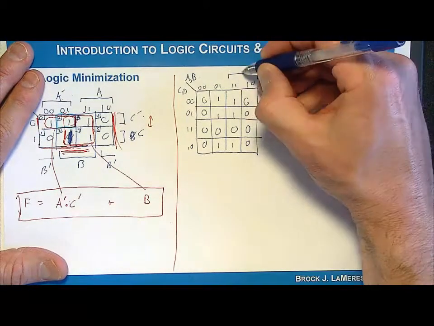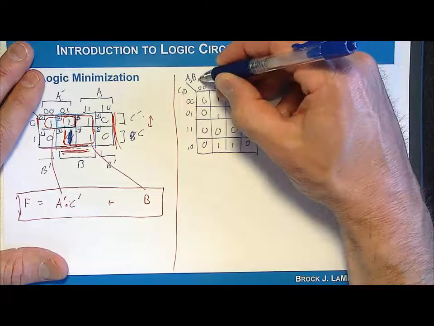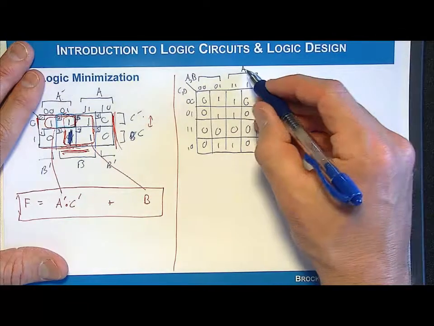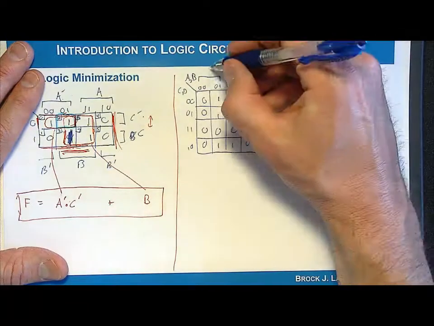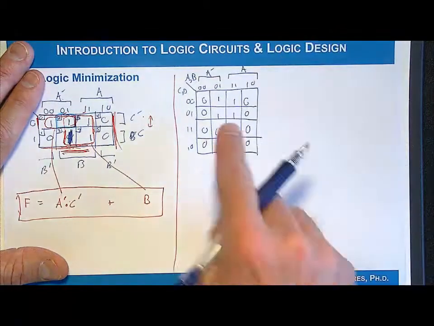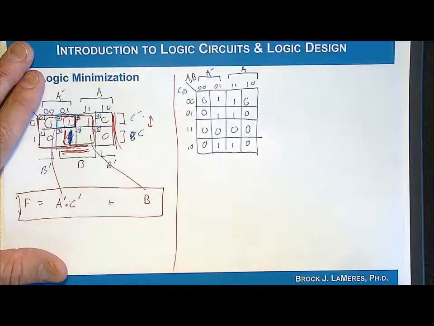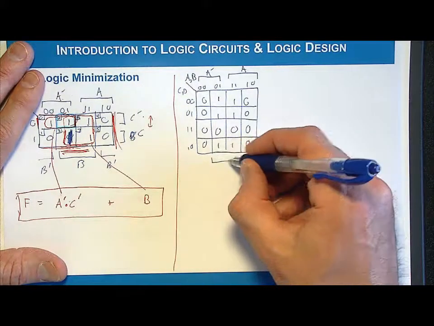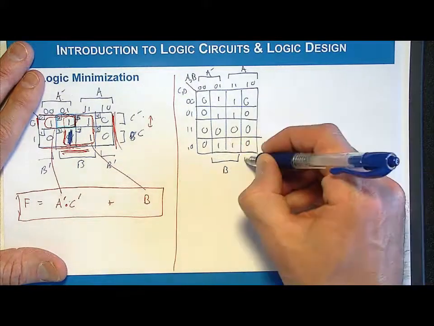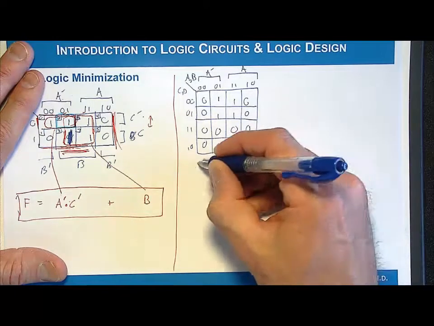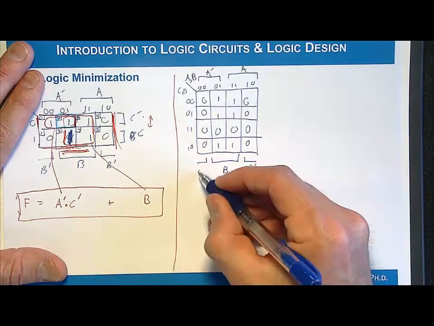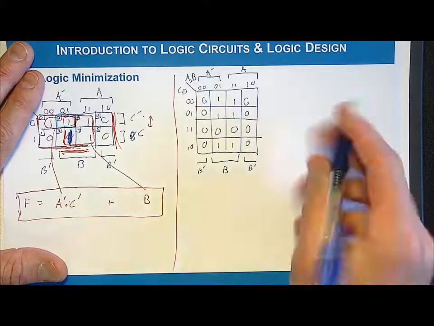This is going to be the columns corresponding to A is equal to 1. In an SOP, that's going to be A. And these are the columns corresponding to when A is a 0, so it's A naught. And then these columns right here are where B is a 1, so I put it as B uncomplemented. And these columns right here are where B is a 0, so I label them as B naught.